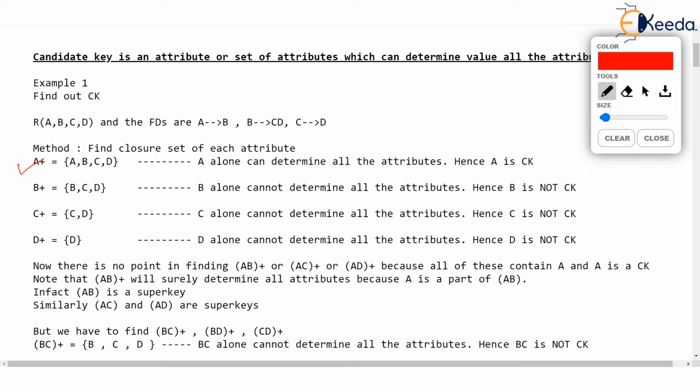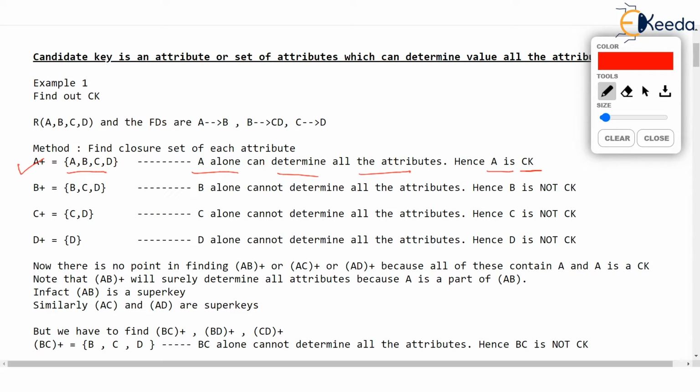A alone can determine all the attributes. Hence A is the candidate key. So in short, if you are asked to find the candidate key, you just have to find the closure set of attributes. But that's not it.